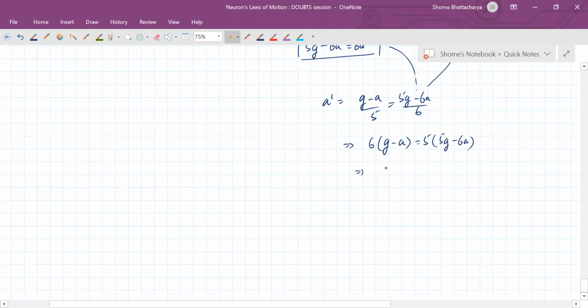So 30 minus 6a will become 25 minus 6g. So acceleration will come out to be something like this: 19 by 24.